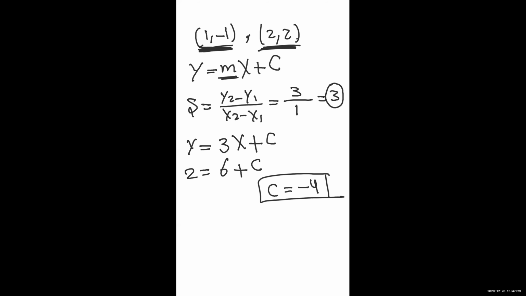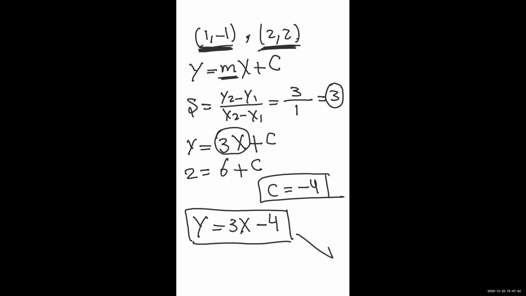So the equation becomes like this: y will equal 3x, plus c is -4, so -4. So this is the equation. Is it clear? Okay, great.